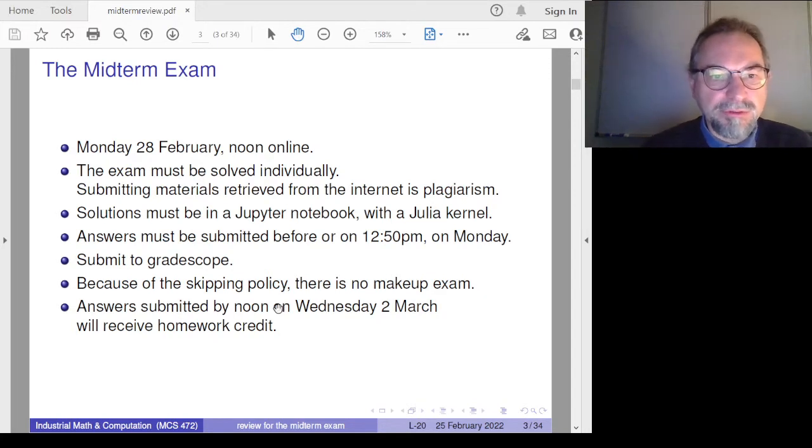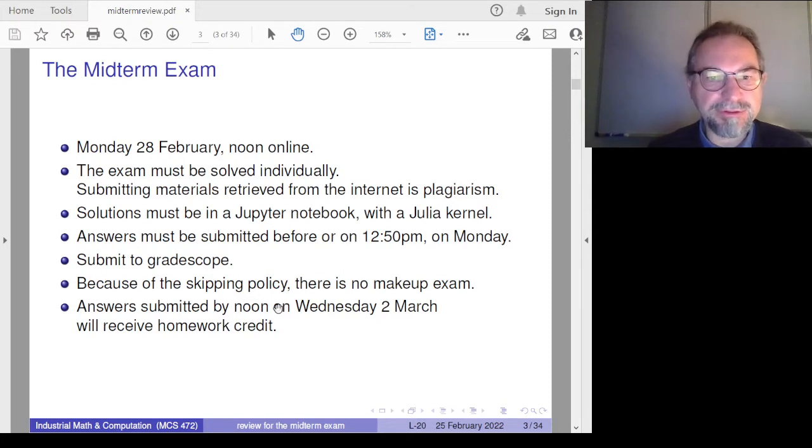You upload one Jupyter notebook to Gradescope. The second option is that you will submit later, but then you don't get exam credit. But then doing the questions will still give you homework credit. The third option actually is doing nothing, but then more weight will be placed on your final exam.